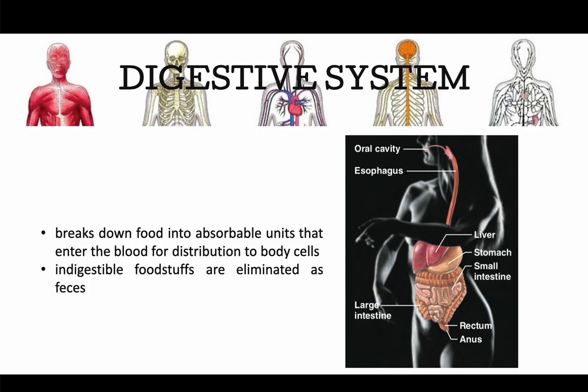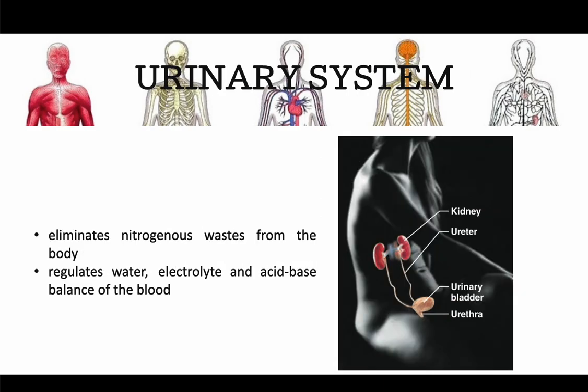Your digestive system breaks down food into absorbable units that enter the blood for distribution to body cells. Indigestible foodstuffs are eliminated as feces. Your digestive system is the one responsible for that.